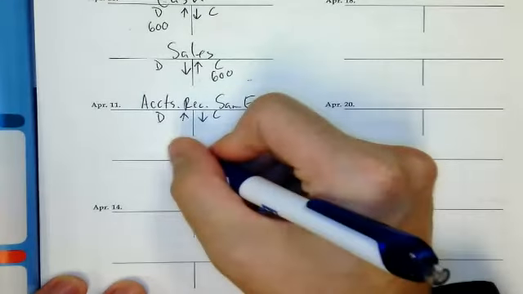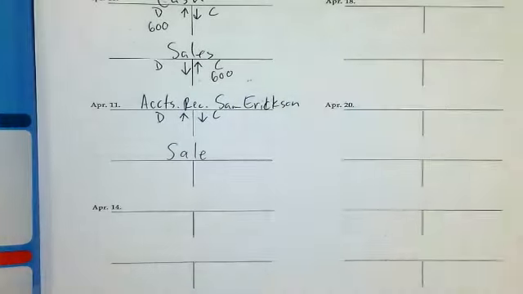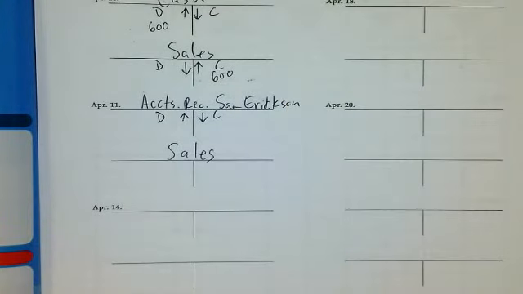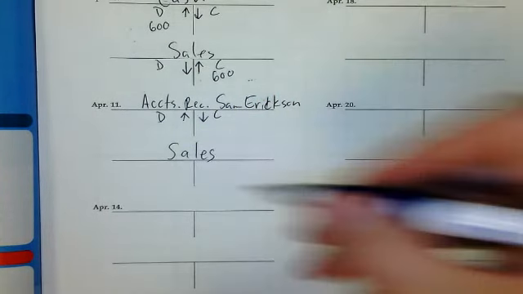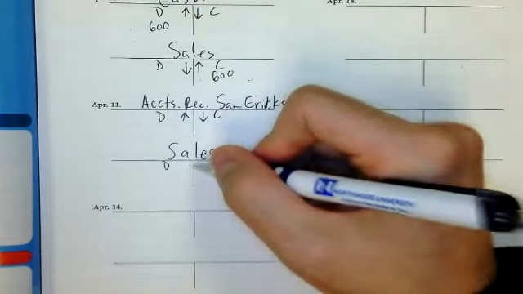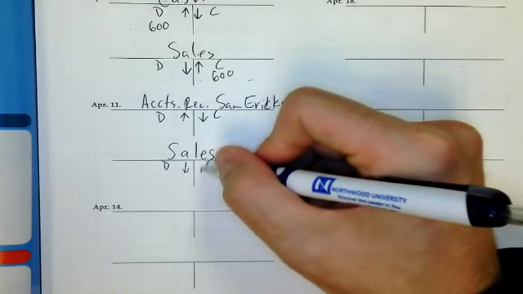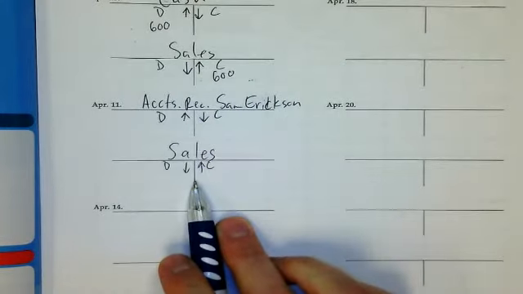Sales. Good. We made a sale. We did not receive cash. We got an IOU from them, or an account receivable. Sales, which we just learned, is a part of capital or owner equity. It increases on the credit side.